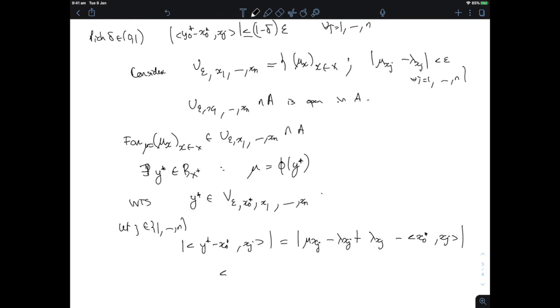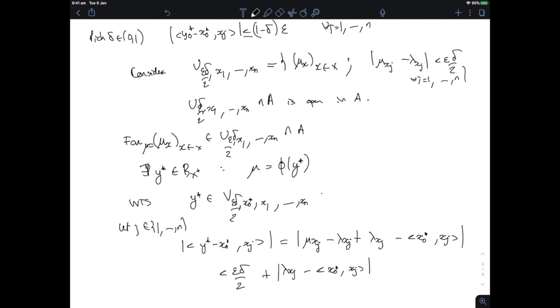So now you use the triangle inequality. Mu xj is close to lambda xj, close up to epsilon delta over 2. Yes, I didn't choose my neighborhood correctly. I should have multiplied that by delta over 2 here, because if I make the neighborhood that small, then what I get is that this is smaller than epsilon delta over 2 plus lambda xj minus x0 star xj.